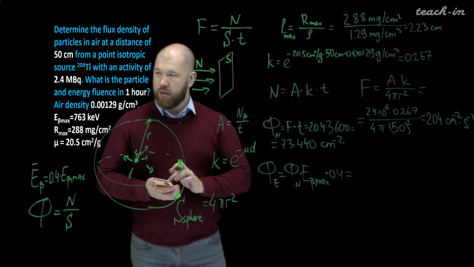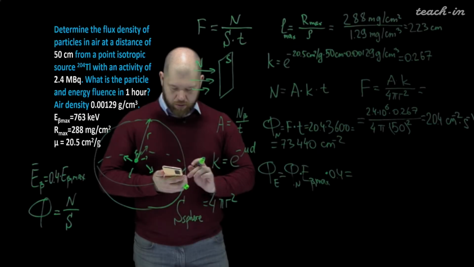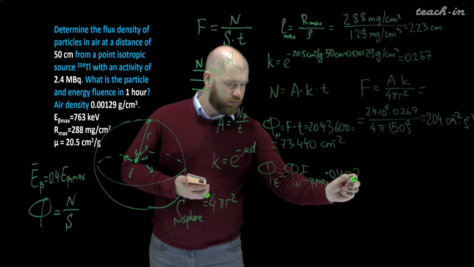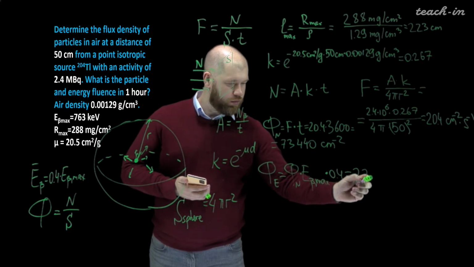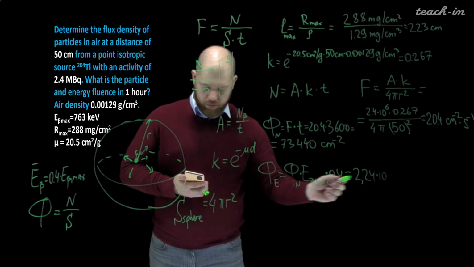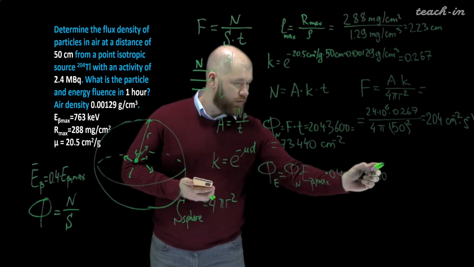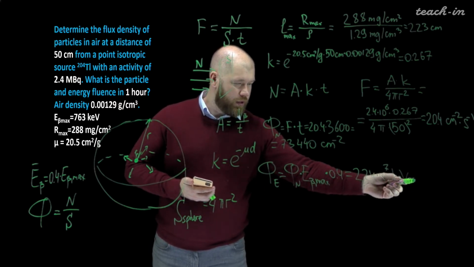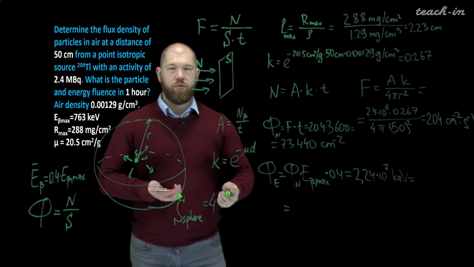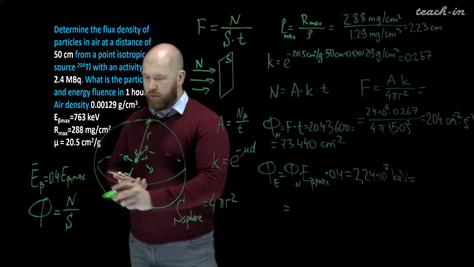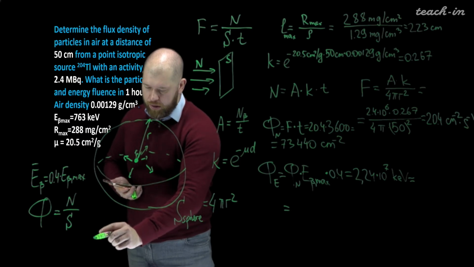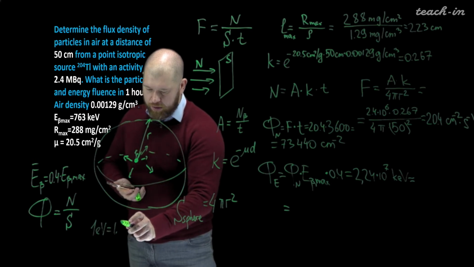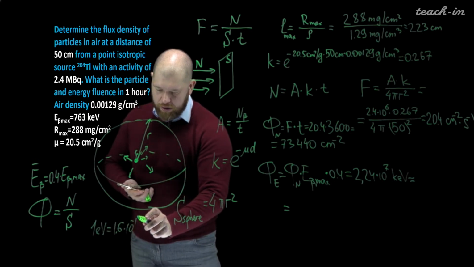And we will obtain something like 2.2 times 10 to 7 kiloelectron volts. And we can recalculate it in joule, for example. Also, we have to remember that 1 electron volt is equal to 1.6 times 10 to minus 19 joule.